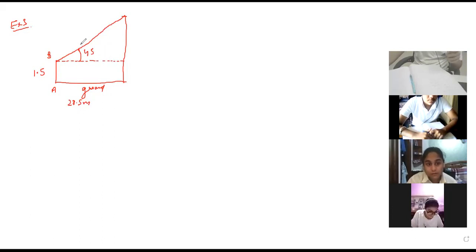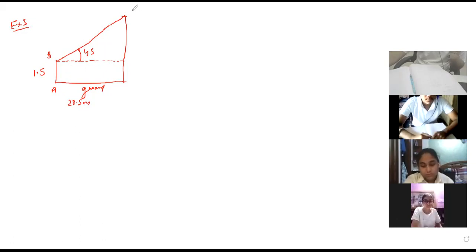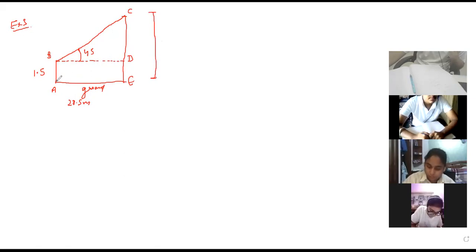Now, further, what is the height of the chimney? Let it be A, B, C, D, E. I want to find out the height, that means CE. Because the length of AB is the same as the length of DE, I am going to write it as 1.5.